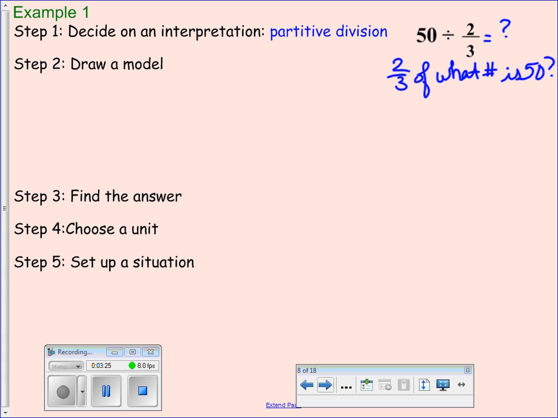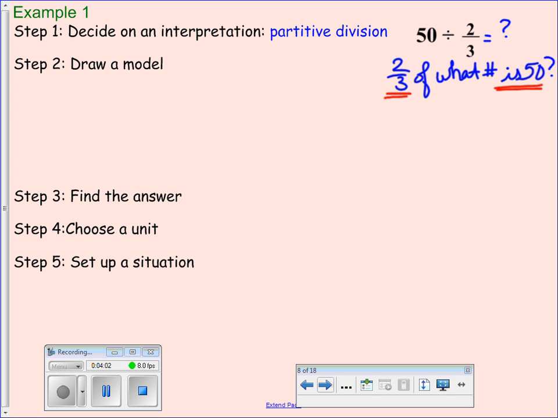Remember, when we're taking a whole number and dividing it by a fraction, our quotient is going to be larger than the dividend. Your quotient should be larger than the dividend when you're dividing a whole number by a fraction. So I think this is easier to solve when I rewrite it this way, because then I can see 2/3 is 50. So that means they're equal. 2/3 is 50.